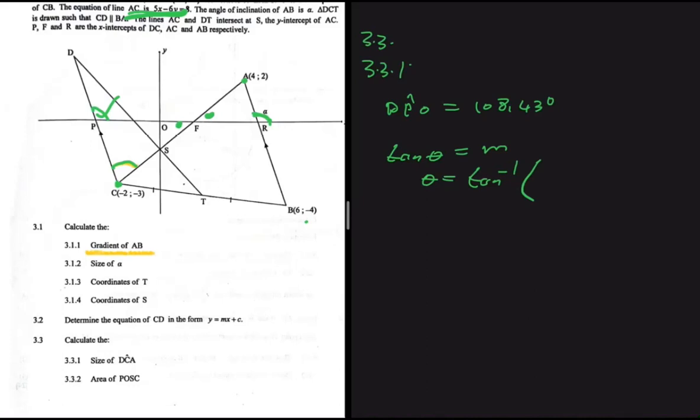So y2 should be 2 here, and then y1 should be minus 3, right? So that will be plus 3 because we say y2 minus y1. And then now let's look at x2 minus x1. So x1 is 4, and then x2 is minus 2, so that should be plus 2. So we're saying that theta is equal to tan inverse of 2 plus 3 divided by 6, essentially, right?